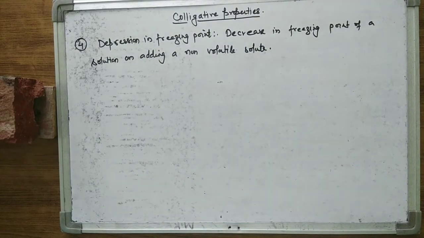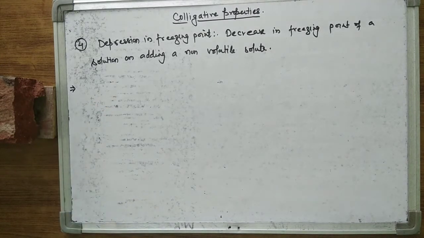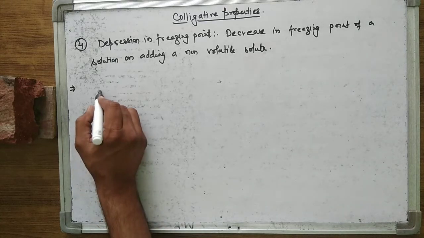This decrease in freezing point of a solution on adding a non-volatile solute occurs because the non-volatile solute does not participate in the vapor pressure of a solution. Now we plot a graph between vapor pressure and temperature.